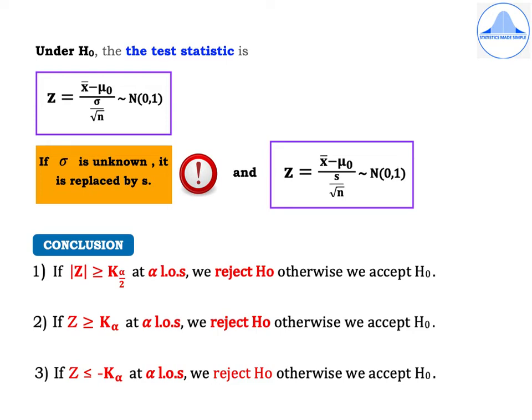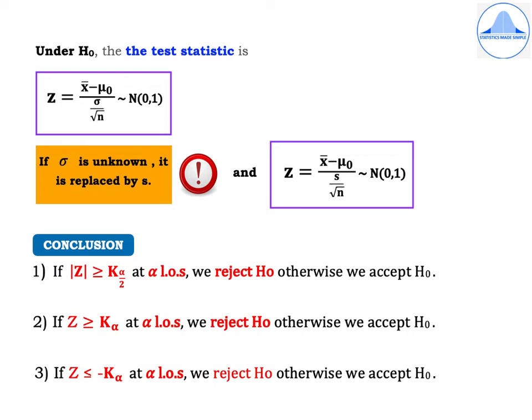Now please observe very carefully that capital Z stands for the standard normal variate, small x bar is the sample mean, mu naught is a specific value of the population mean, and sigma is the population standard deviation, n is the size of the sample, and this follows normal 0, 1.